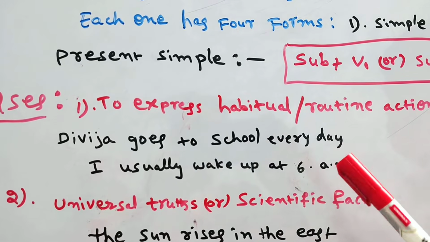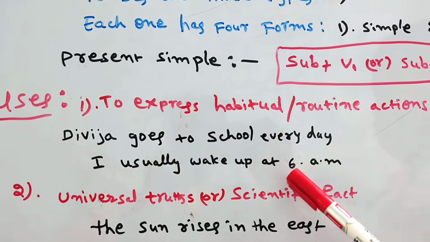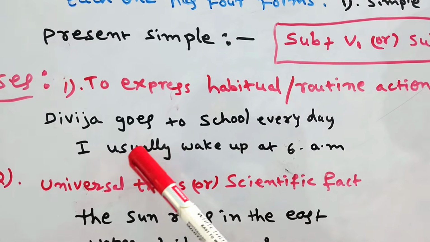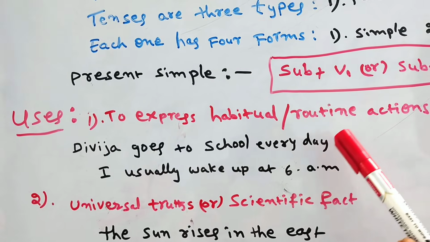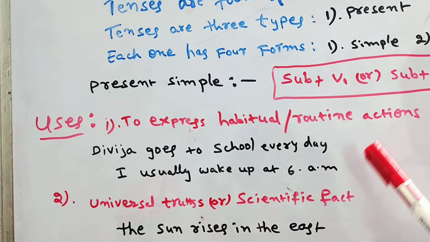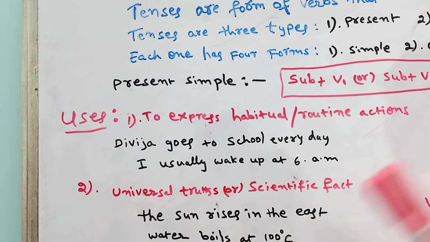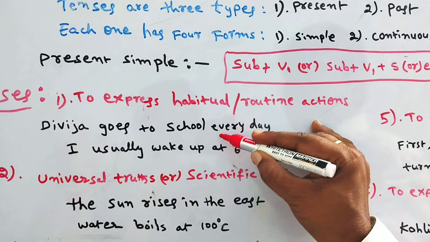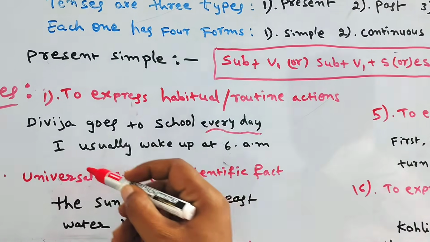Second example, I usually wake up at 6 a.m. Look at these words: usually, every day, once in a week, twice in a week, always. These are some clue words. Based on these clue words, we can identify the tense of the sentence.